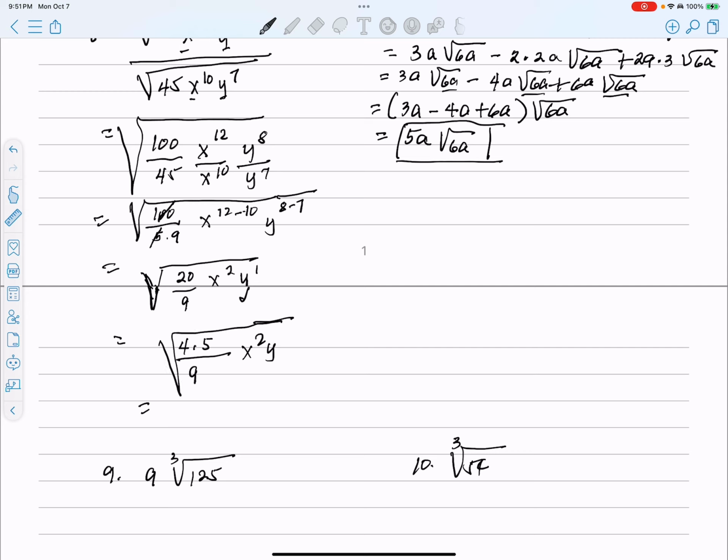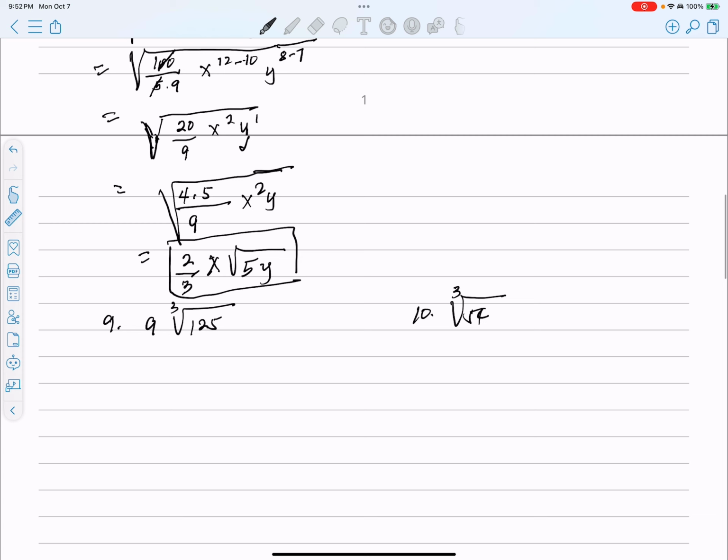Square root of 4 is 2, and square root of 9 is 3. 5 cannot be simplified, but the square root of x squared is x. So what is left inside is 5y. Alright, you got it. That's simplified.